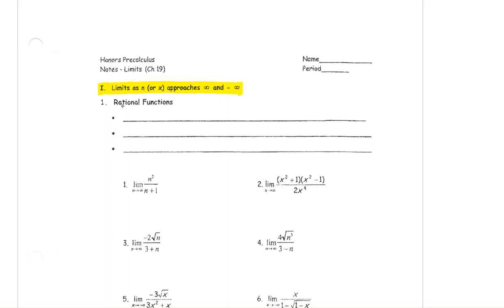So in general, for a rational function, which is what we're looking at here, you're looking at degree. Okay, so you have to look at the degree. If it's top heavy, then the y's approach either infinity or negative infinity.